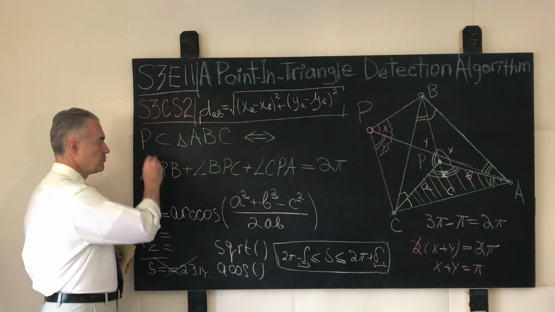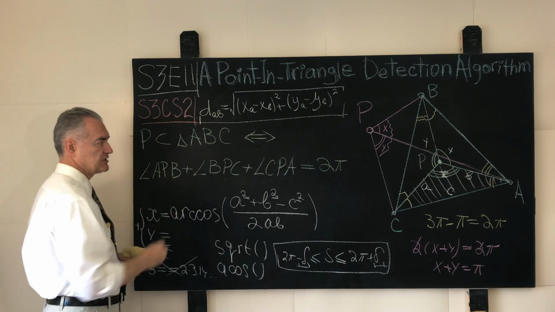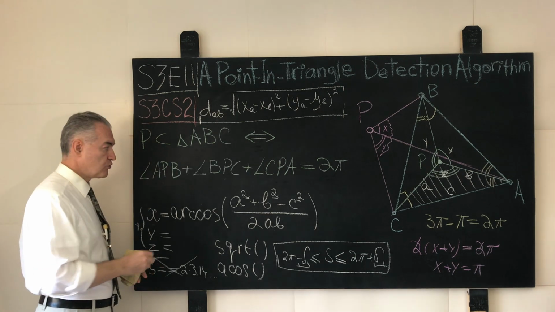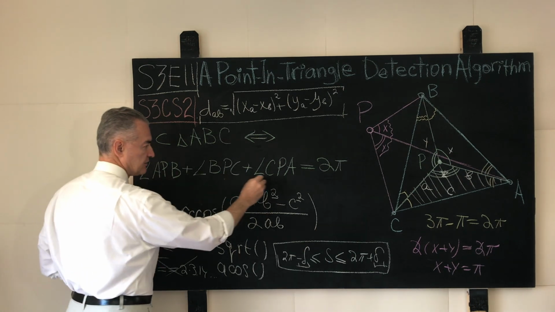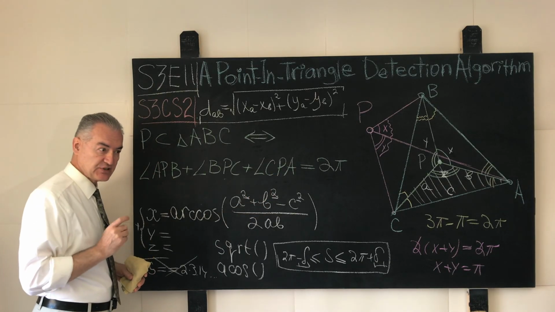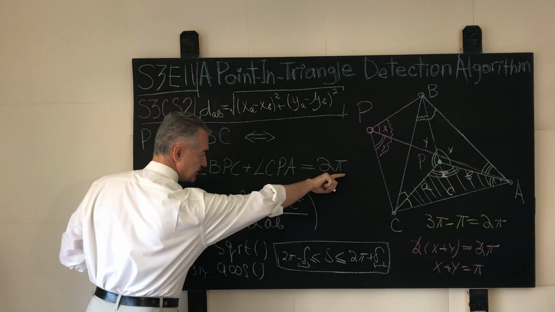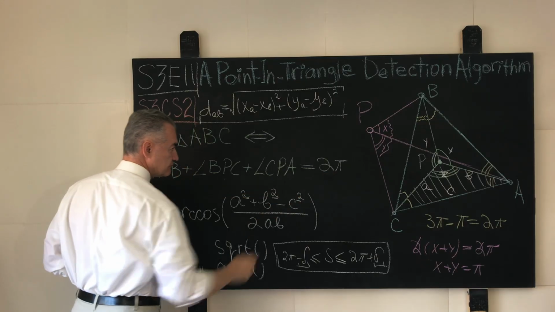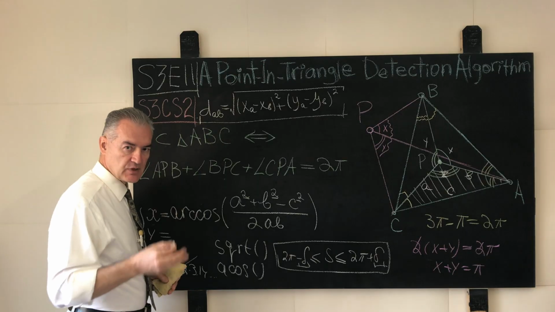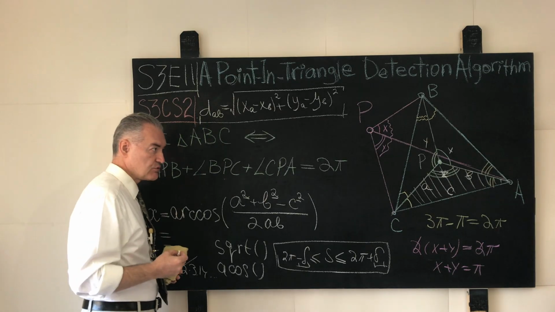A point P is located strictly inside of a given triangle ABC if and only if the magnitudes of all three angles under which all three sides of the given triangle are seen precisely from the point P sum to precisely 2 pi radians. At this point, we recommend that our viewers put this video on pause, walk away from the computer, and try to generate a proof of this theorem on their own.